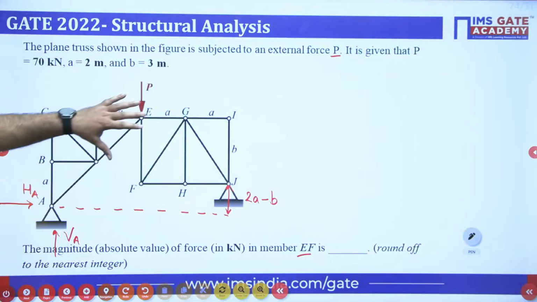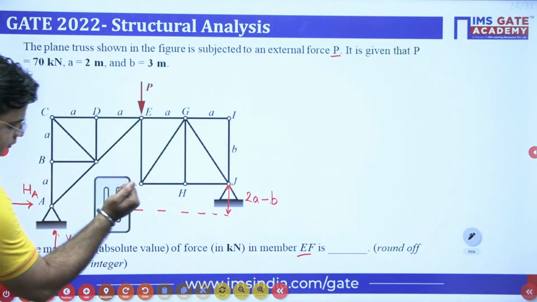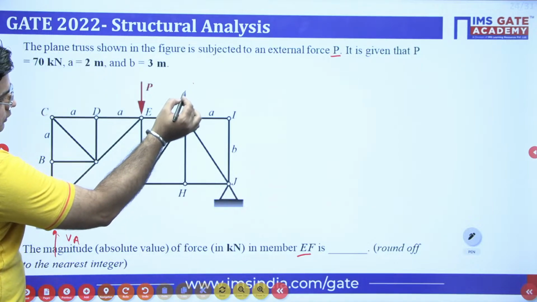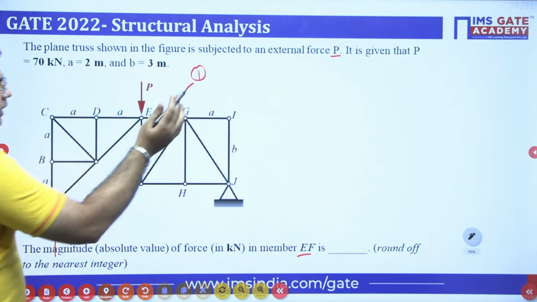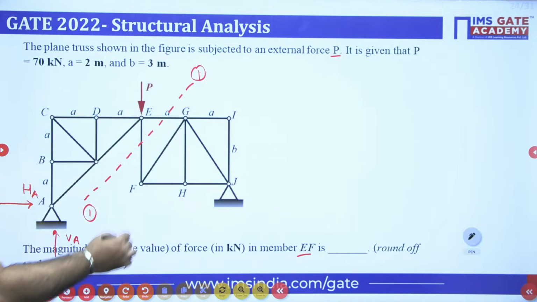Now you consider this truss, and what you will do is, you take one section like this. This is my section 1-1, and I am considering only the left side of the section. When you cut this section, you have one member force.